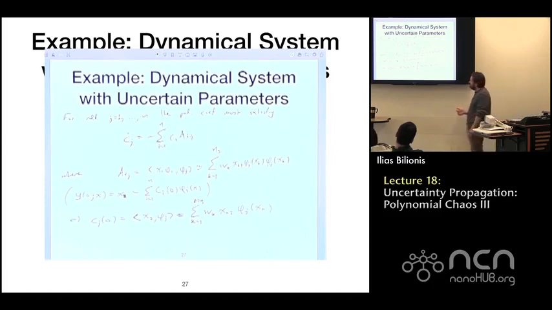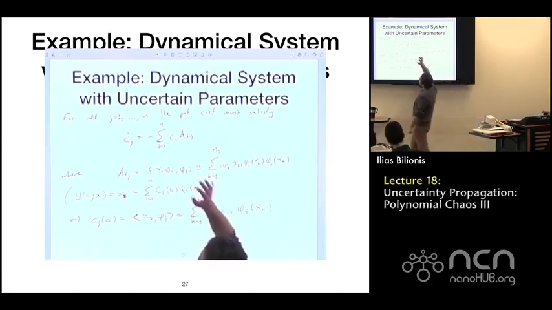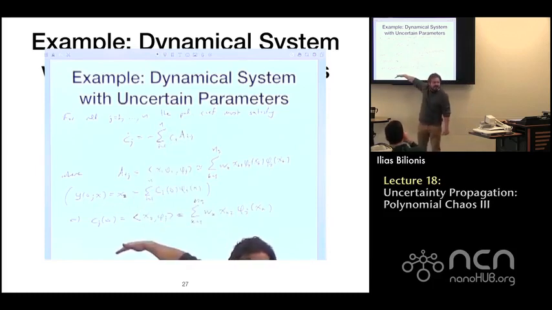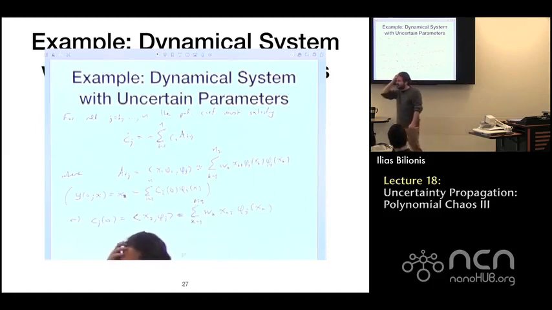Make sense? So now you just have an n-dimensional dynamical system with n initial conditions. Fine, you can just solve that.